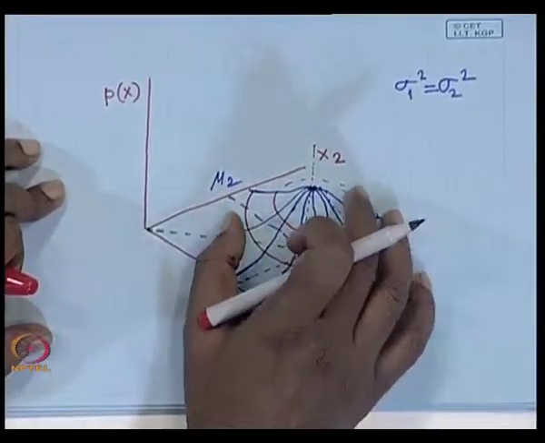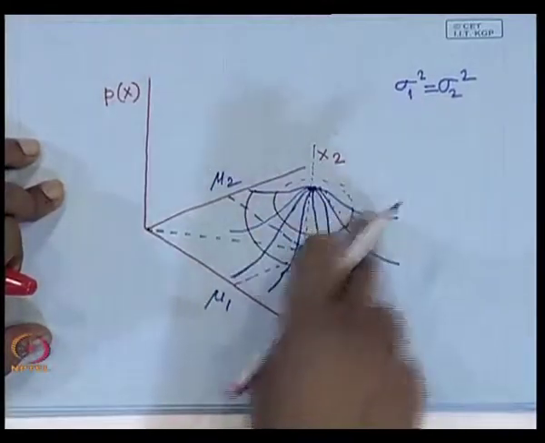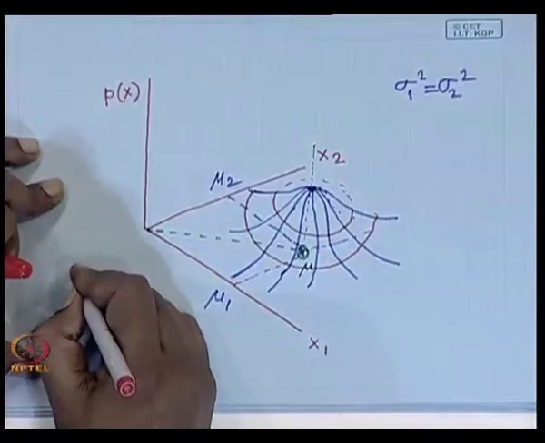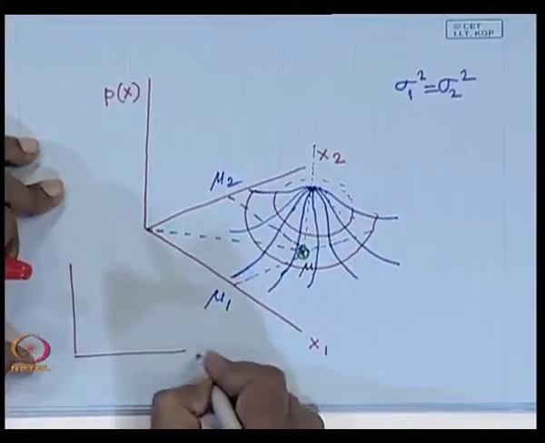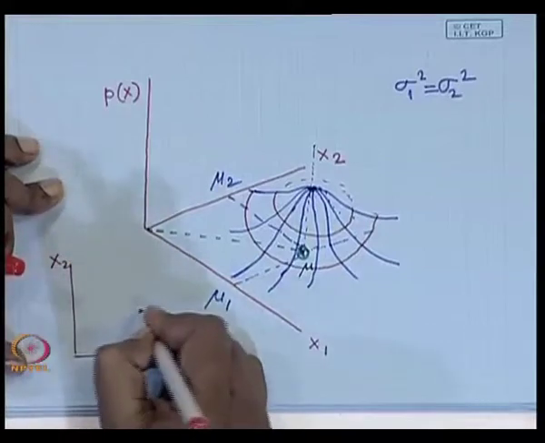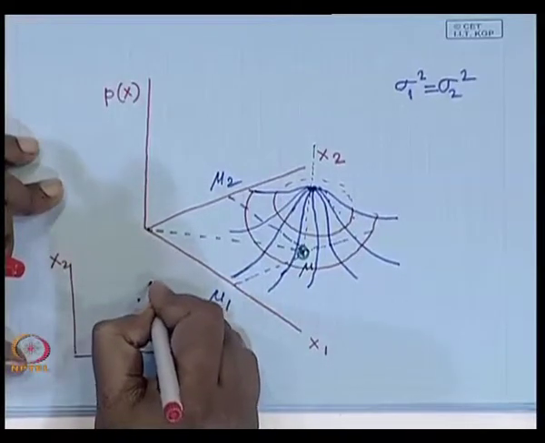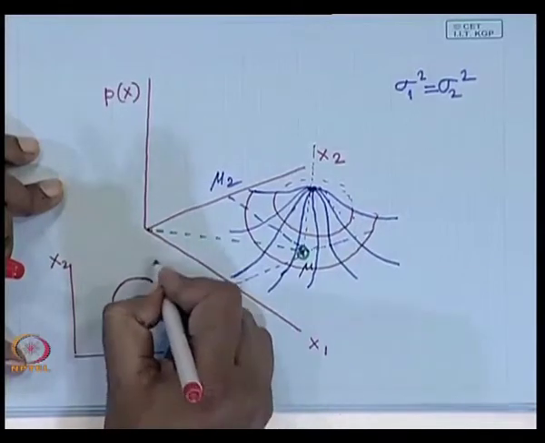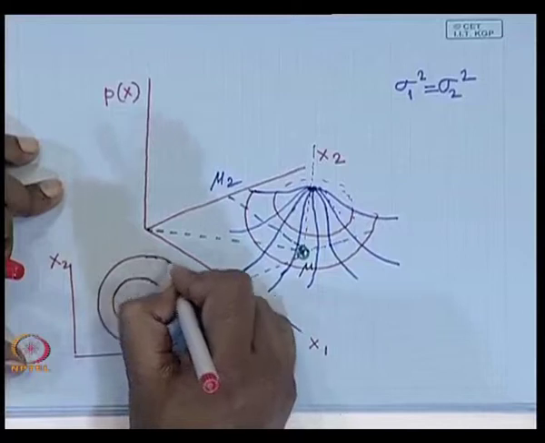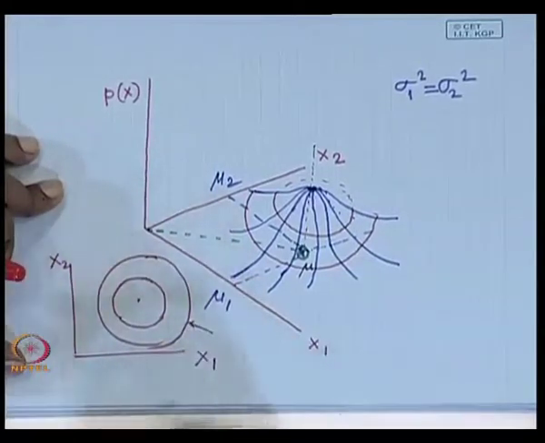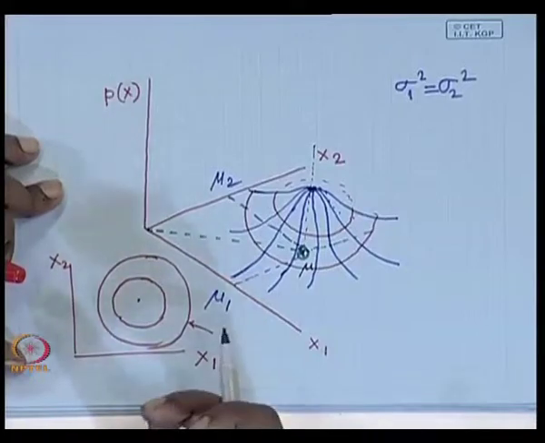If I take the footprint of these loci on the x 1 x 2 plane, I will have a number of concentric circles like this, where each circle represents the loci of points having constant density.